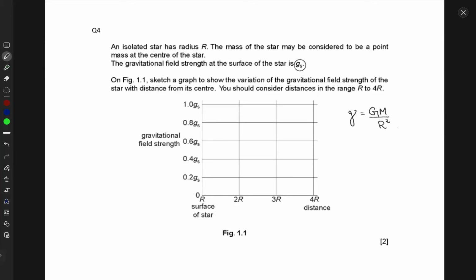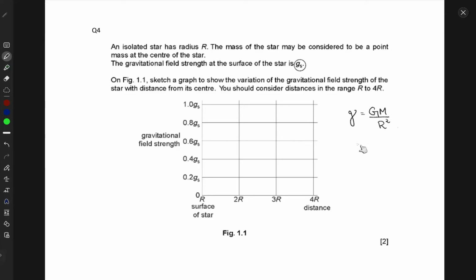Right. So what is the shape of this graph that I could expect? Would it be a straight line or would it be a curve? Curve, yeah, so it would be a decreasing curve. How would it curve really?